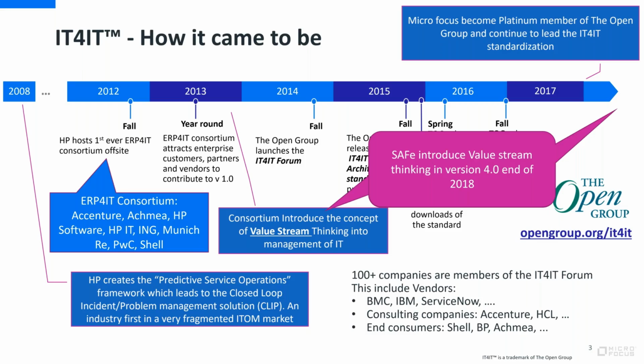And interestingly enough, SAFe introduced the concept of value streams in 2018 in version 4, if my memory is correct here. So some years after we originally introduced it, but all credit to SAFe, they also looked in more detail at how you could use this value stream thinking in order to move the business of IT forward. But it very much went hand in hand with what we're doing in IT4IT.